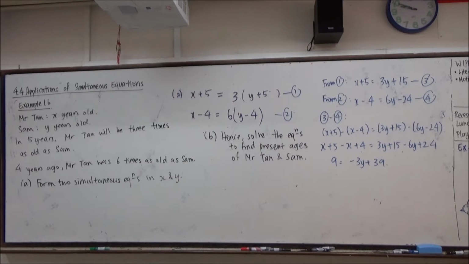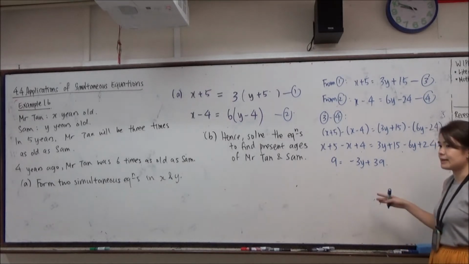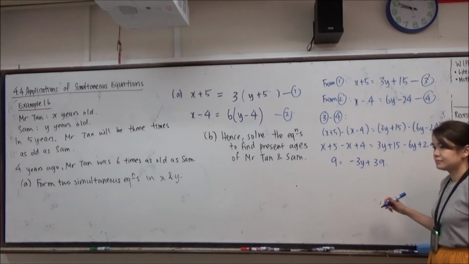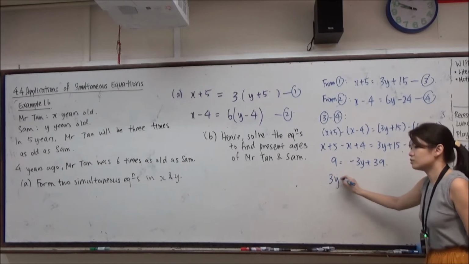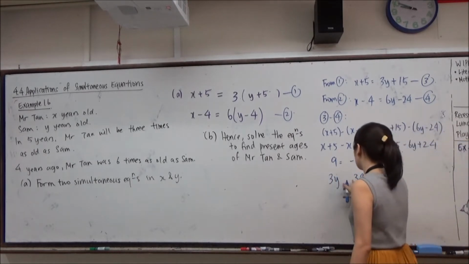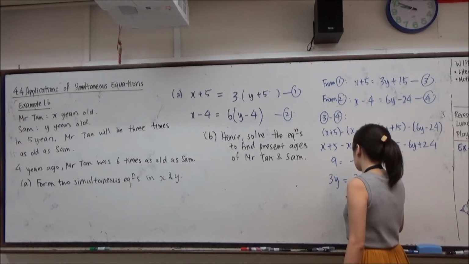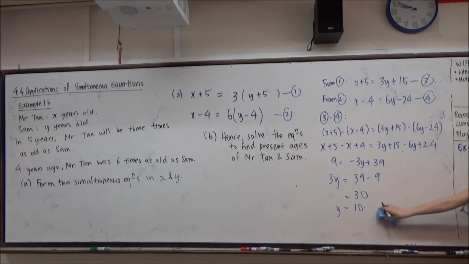Alright, then what's the next step going to be? Zoe, what do you think? What will the next step be? 3y equals to 39 minus 9, very good. That gives us 30. So y will end up becoming 10.